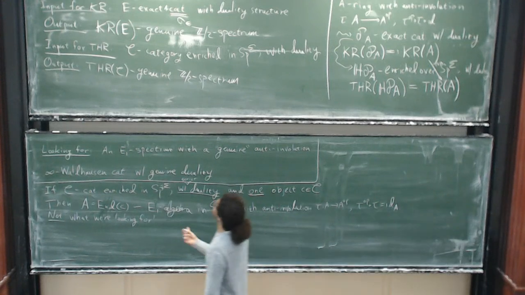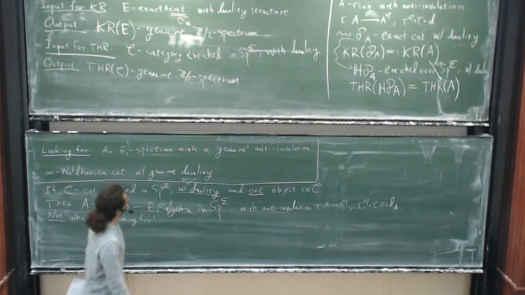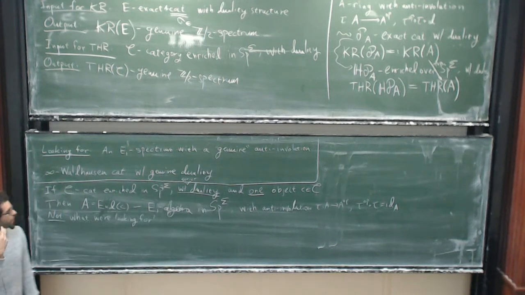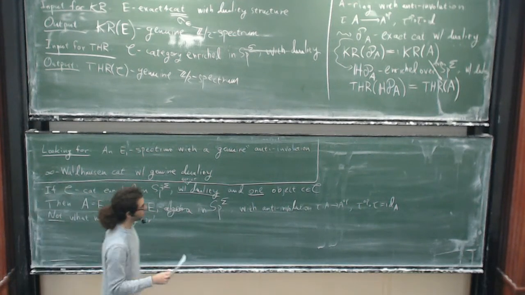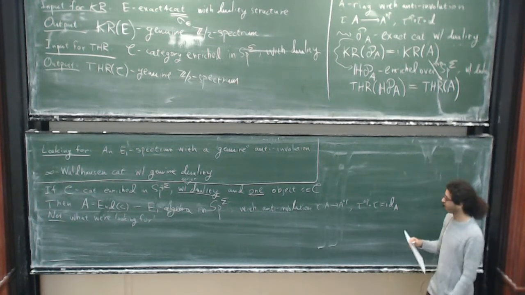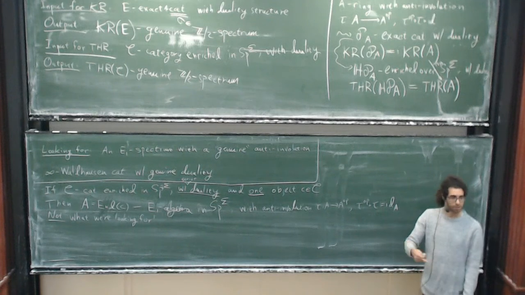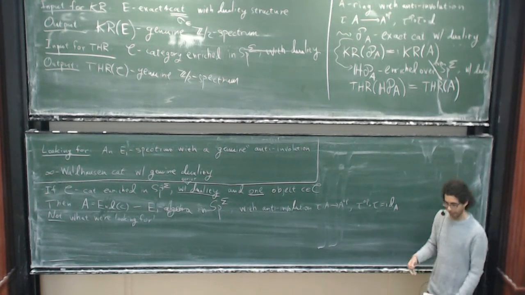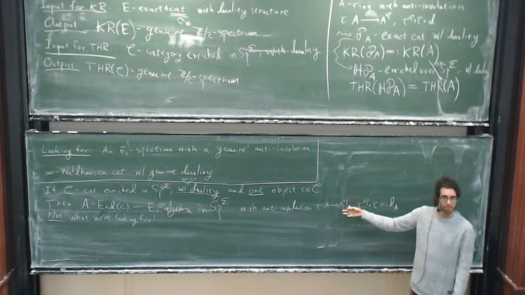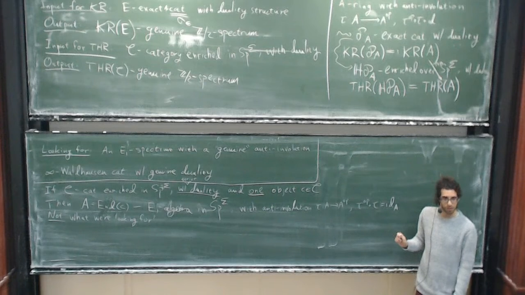We said that what we want is an E1 spectrum with a genuine anti-involution. So this should give us an underlying spectrum with a genuine Z mod 2 action. This is not what happens here. We get a Z mod 2 action on the underlying spectrum, but it's not genuine. It's a naive Z mod 2 action. We can't say anything about the fixed points of this action using only this information.